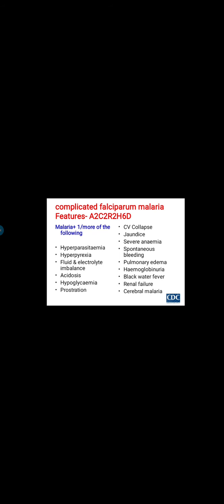C2 means coma and convulsion, which indicates cerebral malaria. R2 means respiratory failure or ARDS, acute respiratory distress syndrome, and renal impairment, creatinine more than 3 mg per dl.